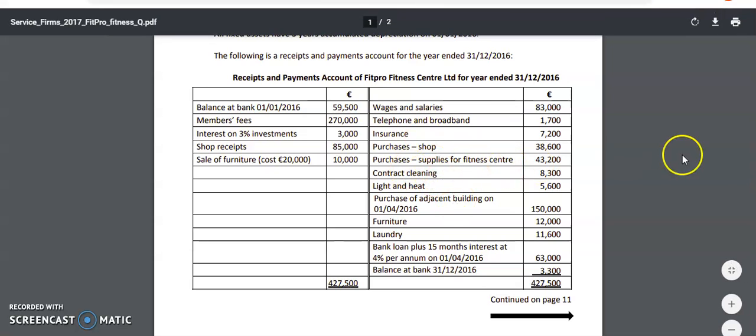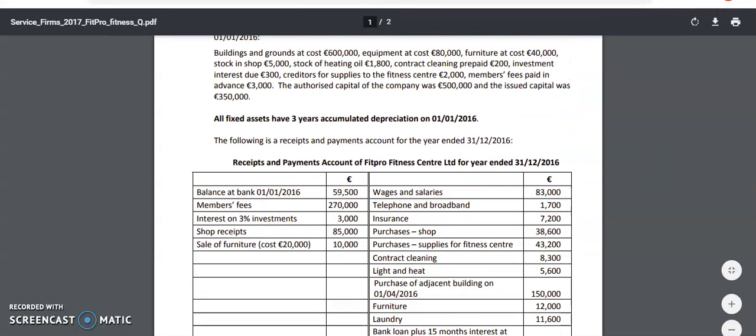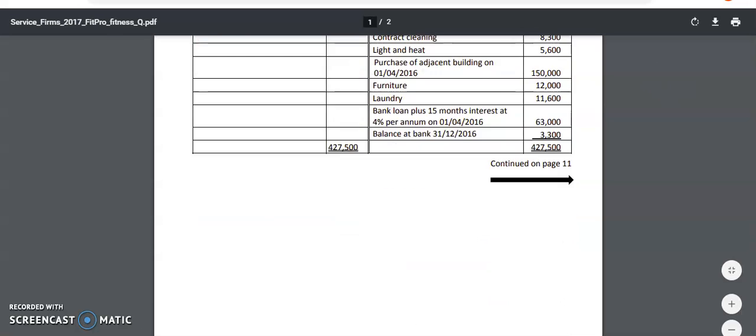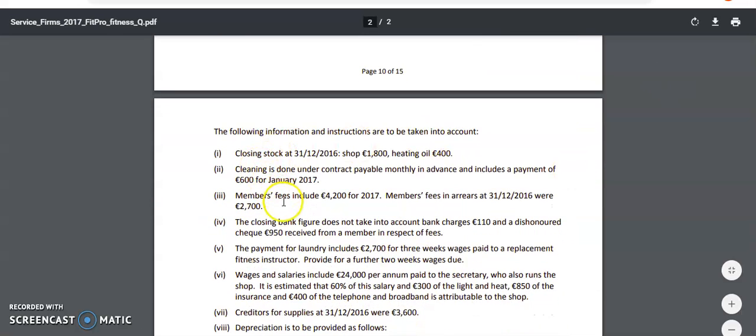Next thing then we've got purchase suppliers. So we're going to take into account creditors at the start of the year and creditors at the end of the year. So creditors for supplies to fitness was 2,000 at the start of the year. And at the end of the year, our creditors were 3,600.